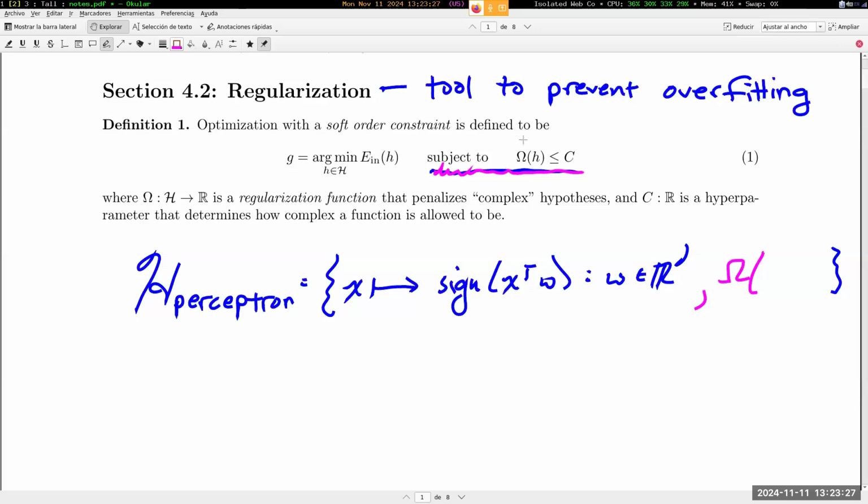It's just an arbitrary Greek letter name the author chose to use here, omega of W.